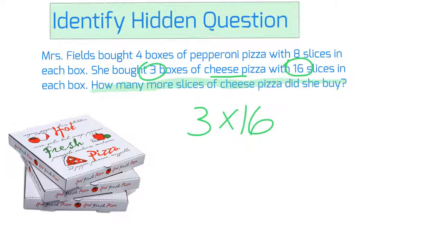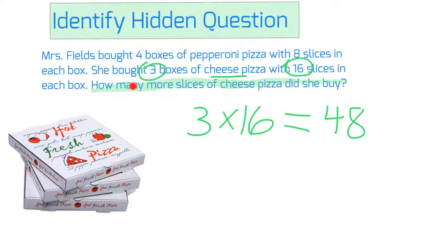So I'll give you a minute to think about what the answer is for that cheese pizza, this equation. What is 3 times 16? And then I want you to think about, is this the answer? If you said 48, is that the answer to this problem?